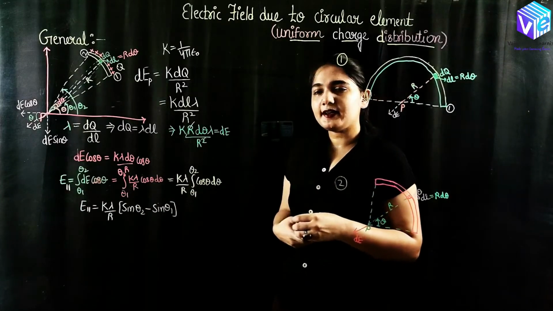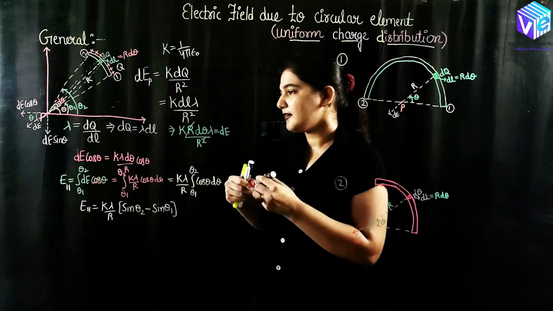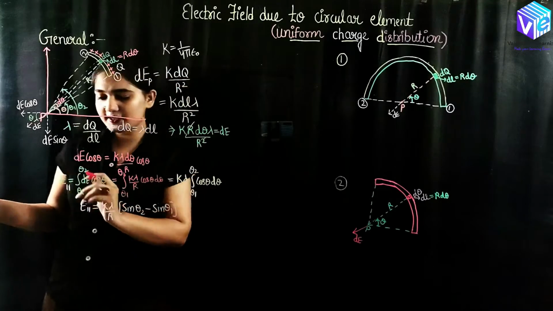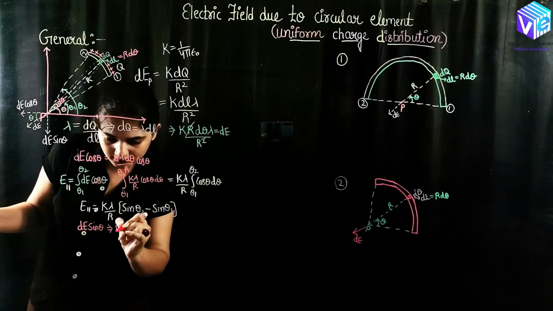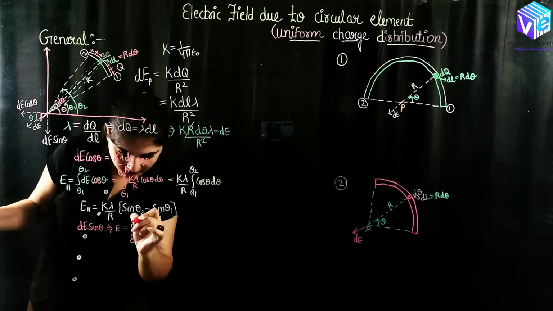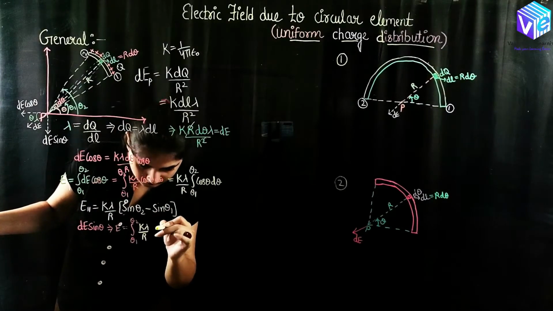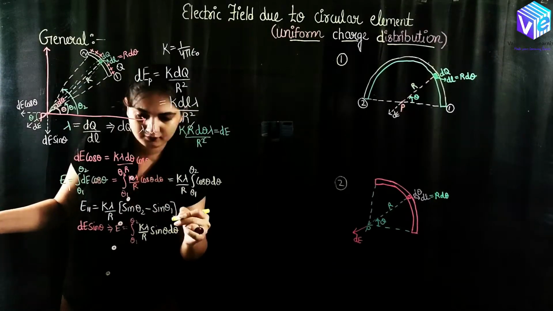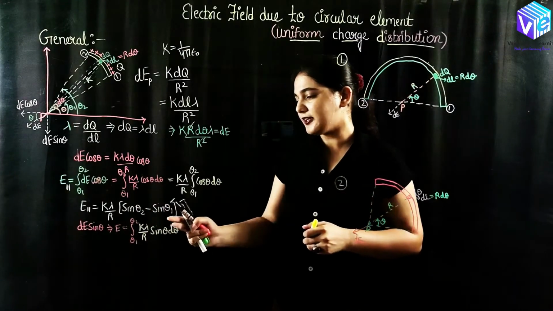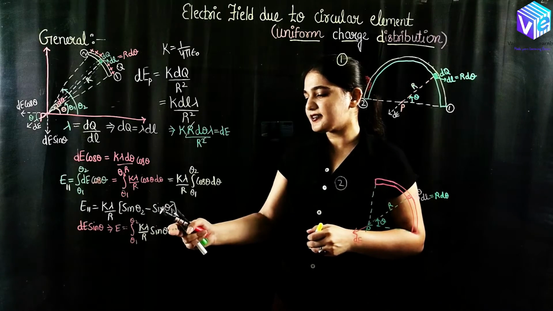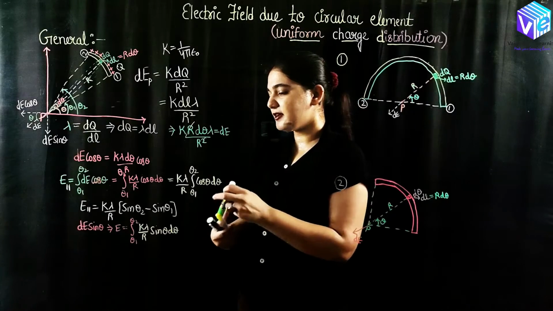In a similar manner, I will be finding out E perpendicular. So what is E perpendicular? If I see here, E perpendicular is dE sin theta. Okay, so here E perpendicular will be integration from theta 1 to theta 2 of k lambda upon r sin theta d theta. Now we know the integration of sin theta and we will be putting the limits.